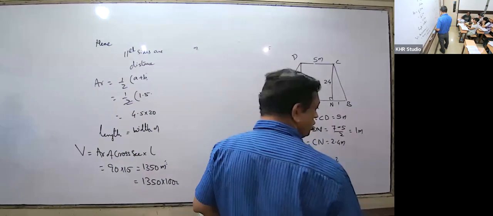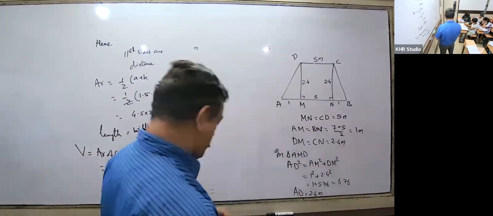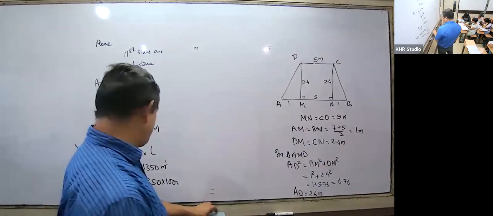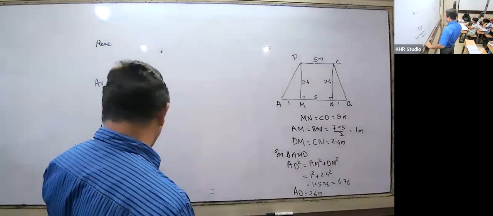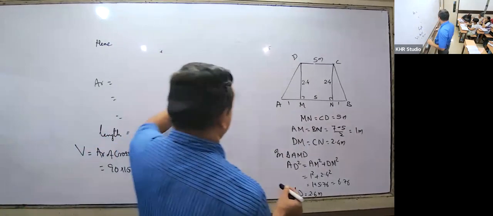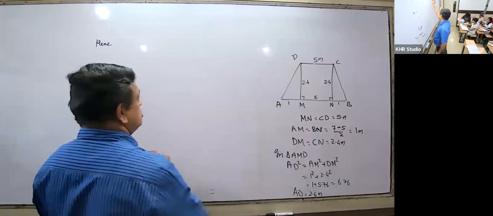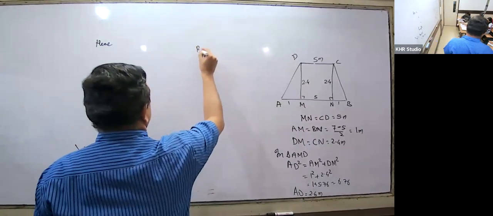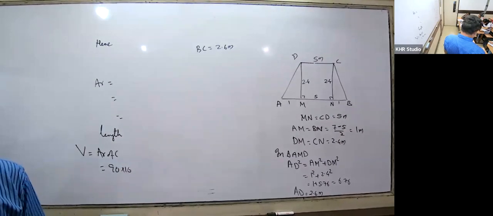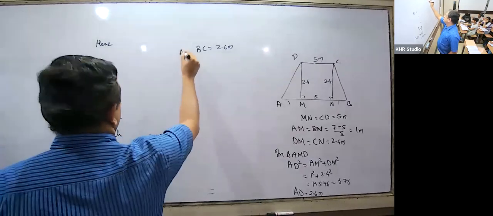It is 2.6. So AD is equal to 2.6. Squares, please learn till 30, then it will be easy. Therefore, BC also is equal to 2.6 meter, because AD is equal to BC.